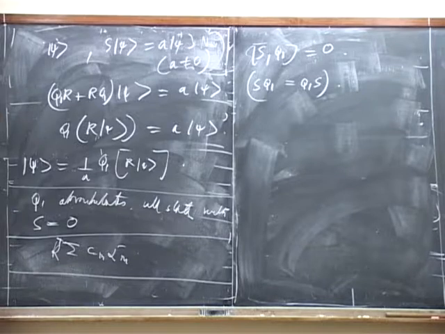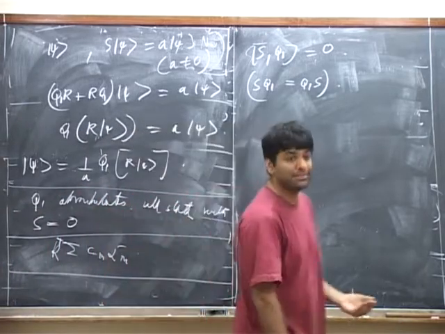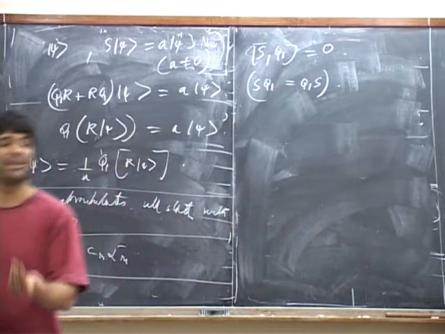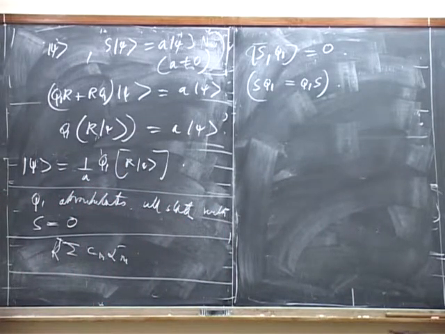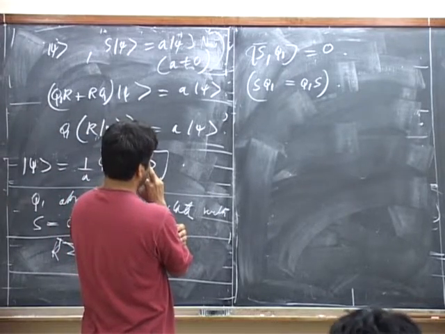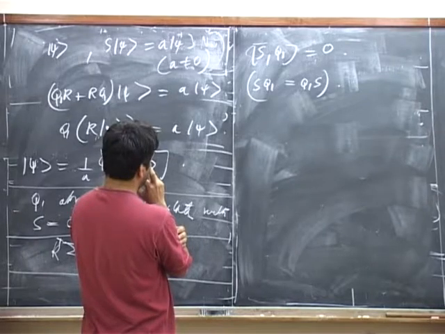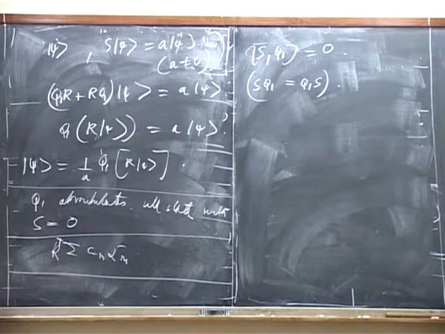Now, suppose there was a state that had S equals 0 and was not annihilated by Q1.